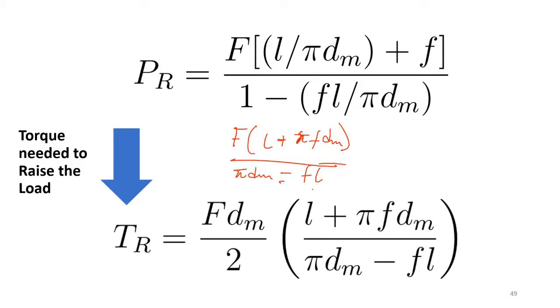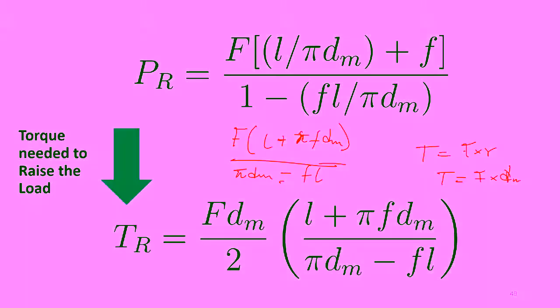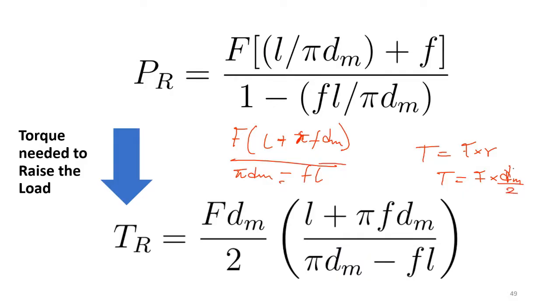To determine the torque, we are aware that the torque is equal to the force times the perpendicular distance, or in this case the radius r. But we know that r is equal to dm on 2. So we have F times dm on 2.